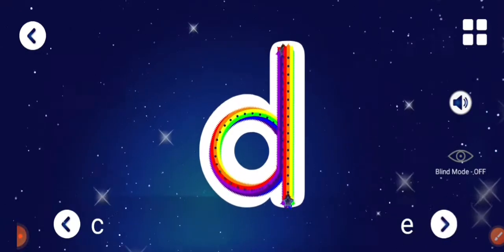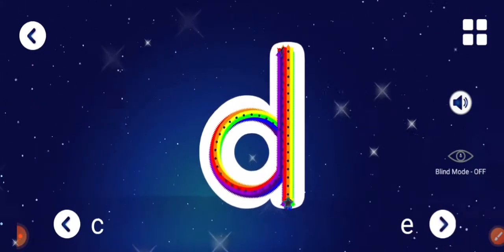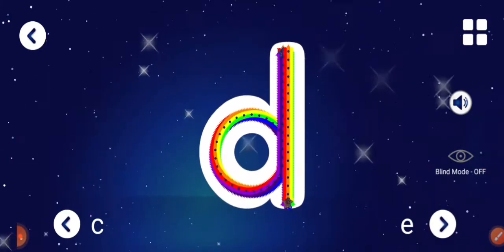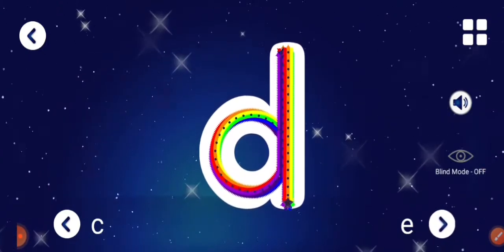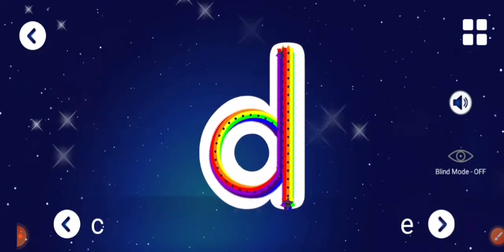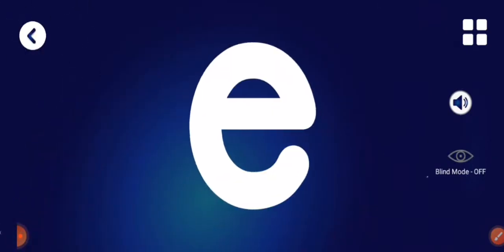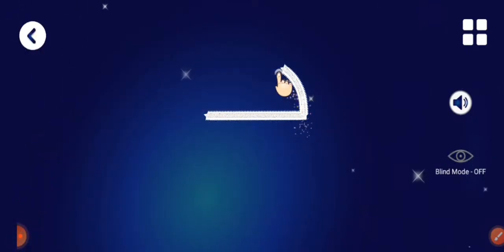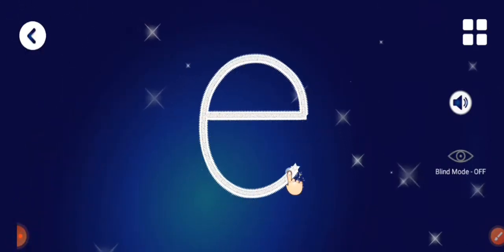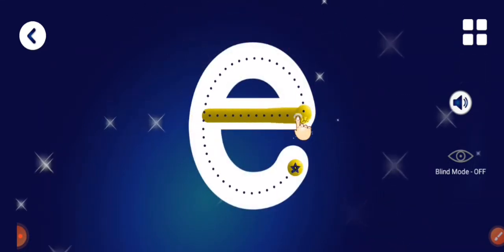So next letter we are going to learn is E letter. In yesterday's class we learned A, B, C, D letters. So in today's class we learn E letter. So how to write the E letter? Just see it, children. First you have to trace the dots line, like a sleeping line.